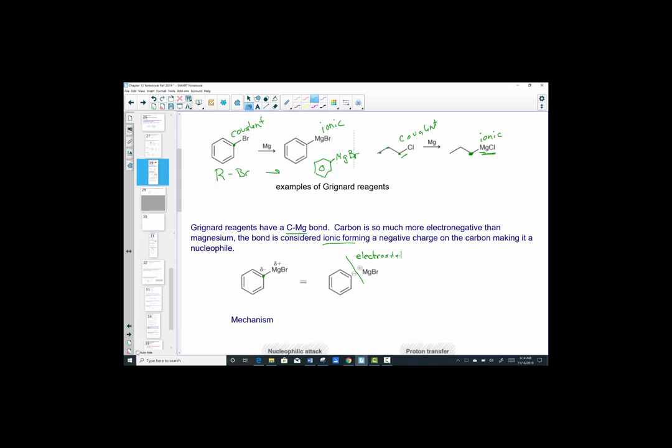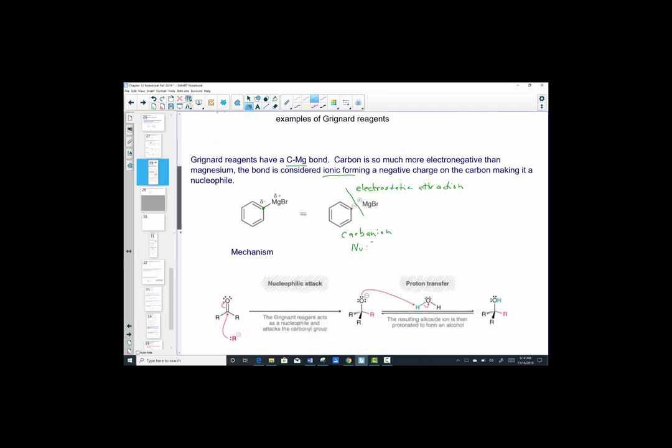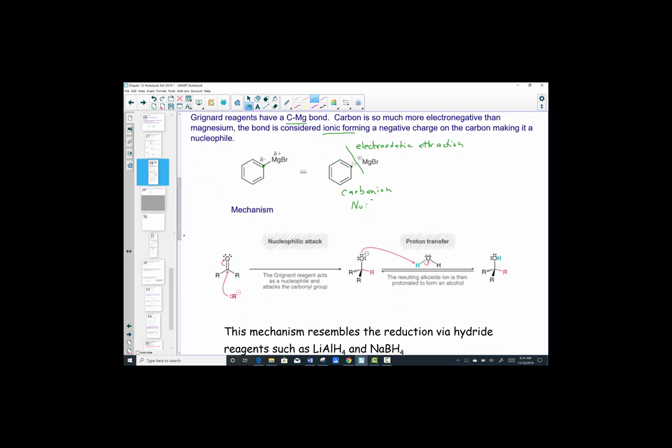That's the quality of an ionic bond: opposite charges, a very strong type of bond, but not shared pairs anymore. Notice this carbon now has a negative charge. We're used to hearing it called a carbanion. It now has the ability to act as a nucleophile through a nucleophilic attack, and that's exactly what the mechanism has us looking at.